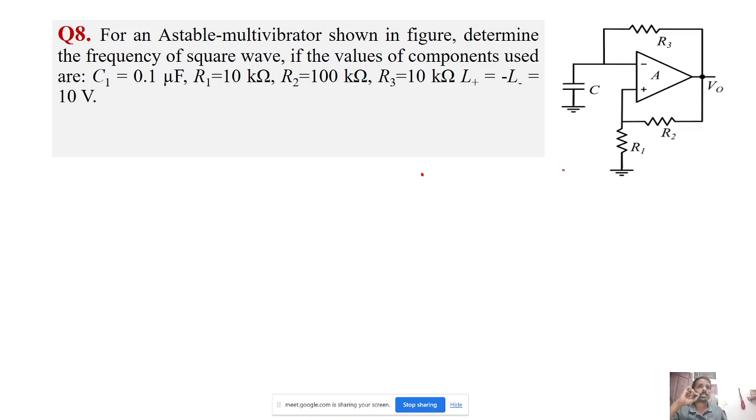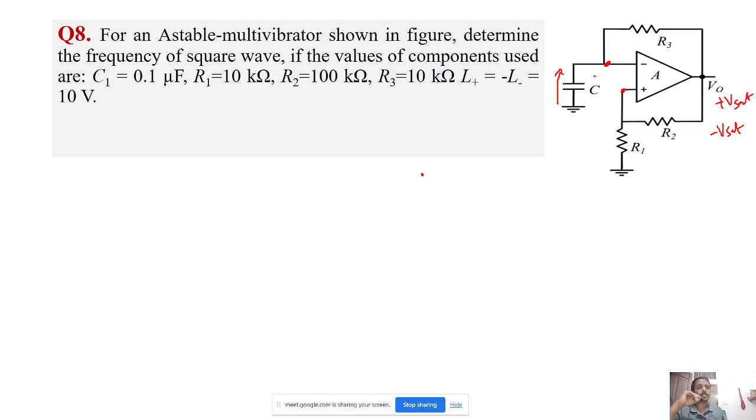Here, assume that at a particular state, say plus Vsat, it is not stable. The capacitor goes on charging slowly, and at a particular point this voltage will be greater than this voltage, so the output will suddenly jump to minus Vsat. Previously we saw the bistable multivibrator, where both states are stable.